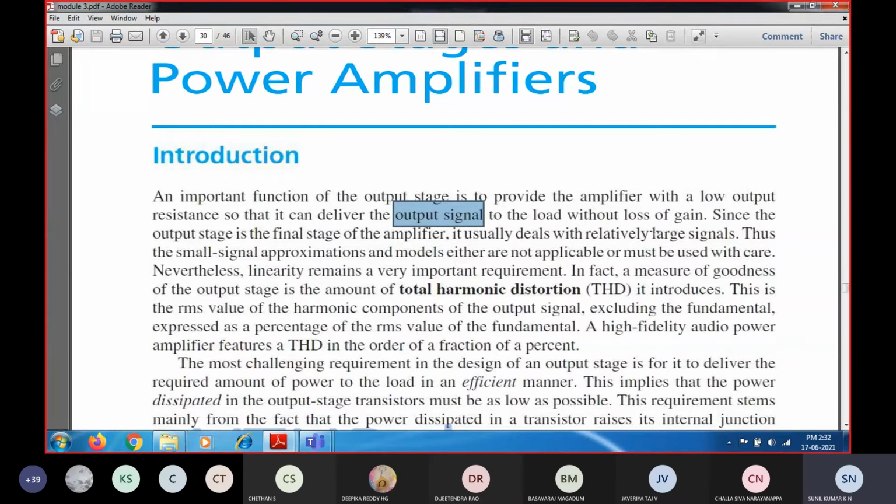The small signal approximation cannot be applicable here. Whatever small signal approximation and model we use in small signal analysis cannot be applied to this large signal amplification.